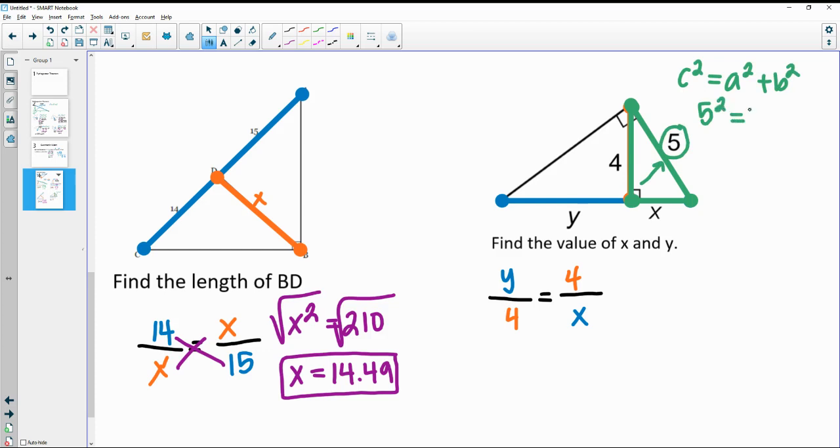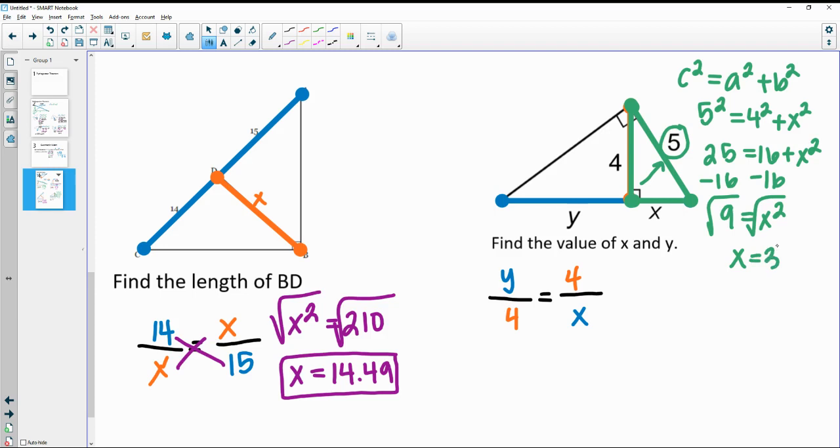So we have 5 squared equals 4 squared plus x squared. So we have 25 equals 16 plus x squared. Subtract 16 from both sides, and you get 9 equals x squared. So then we can square root that and find out that x is actually 3.